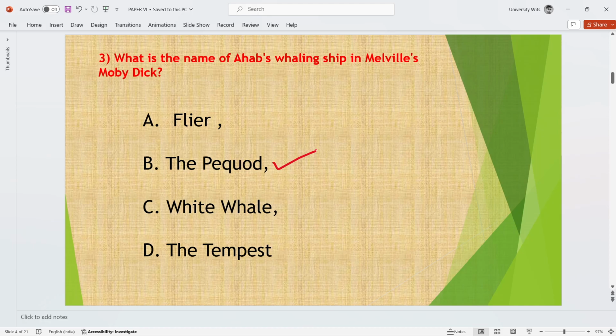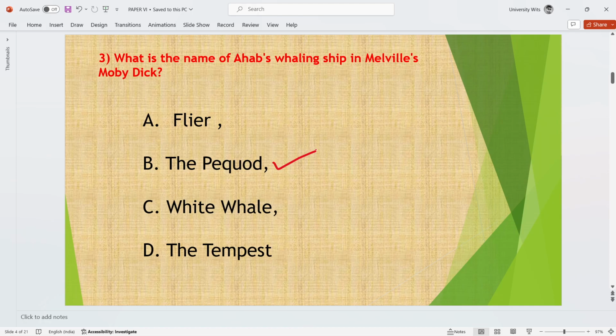The narrative follows the journey of the Pickwick and its crew as they become fixated on hunting the elusive white whale, Moby Dick. And the remaining options, Flare, White Whale, the Tempest.